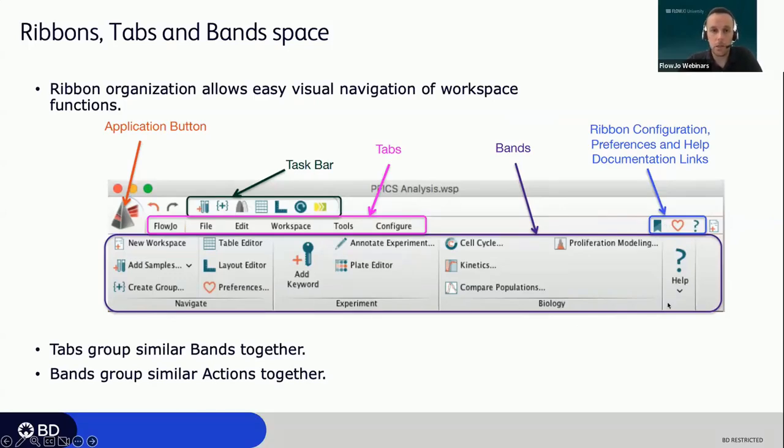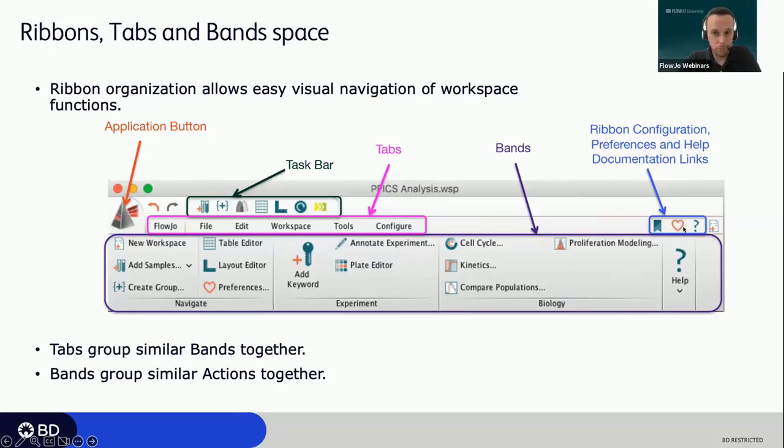So you can change the band. If you want to have a function at a different location, you click on ribbon configuration and you can change the organization of your band. So maybe, for example, if you use the Boolean gate a lot, instead of it being in the tool tab, you can put that into the FlowJo tab so that you don't have to click on the tab to find that function.